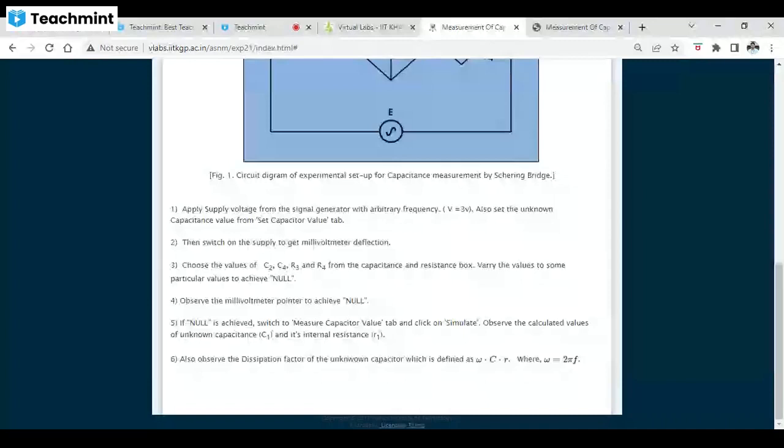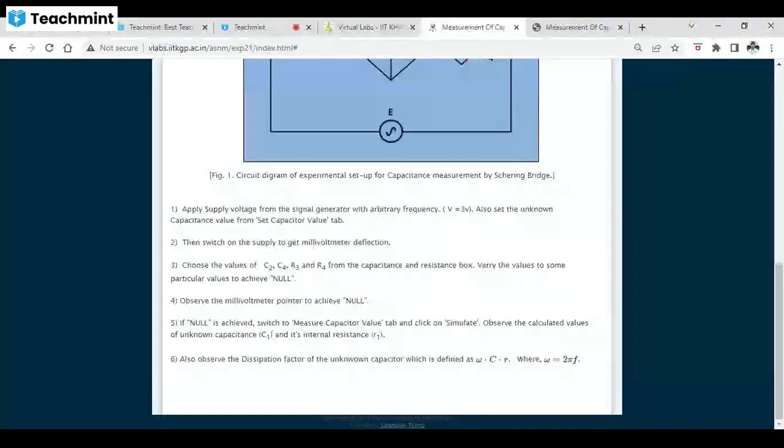Turn on the supply with the millivoltmeter deflection. Note the value of R3 resistance. Then observe and produce null. Null is achieved means this point is near to zero.